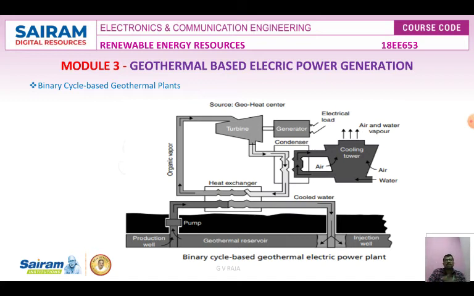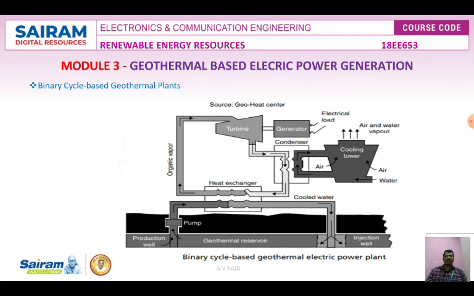The two liquids are kept completely separate through the use of a heat exchanger, which transfers the heat energy from the geothermal water to the working fluid. When heated, the working fluid vaporizes into gas, like steam, which is given to the turbine. The turbine rotates and is connected to the generator.